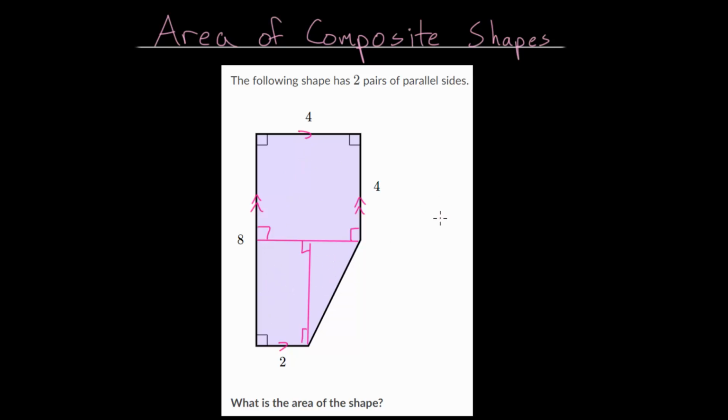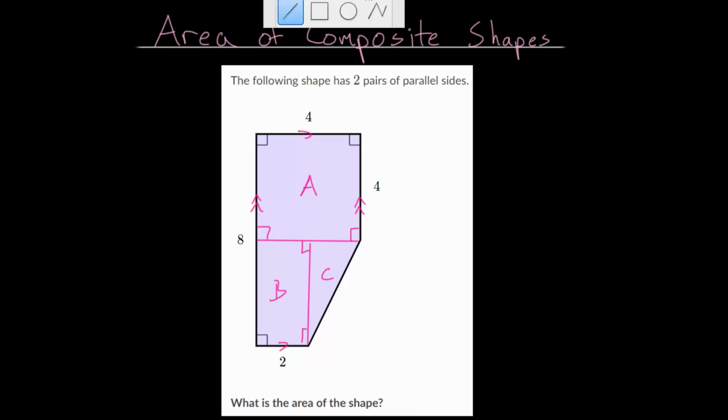And generally, there are two different strategies we can use to approach this type of problem and actually find the area. The first strategy is to break this down into smaller shapes and then find the area of each. So we can find the area of this square, the rectangle, and the triangle, and then just add those together to get the total area.